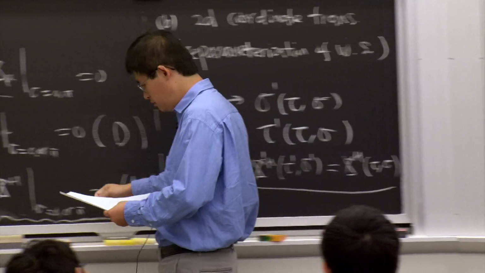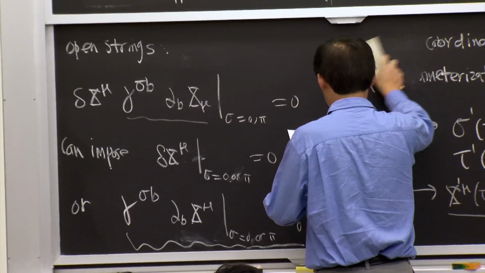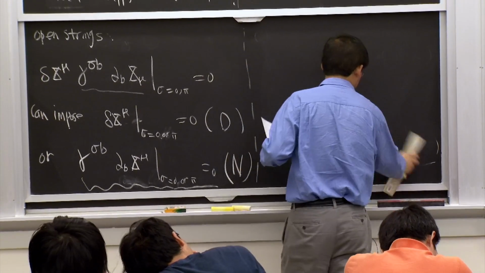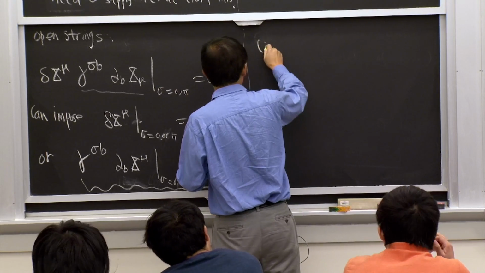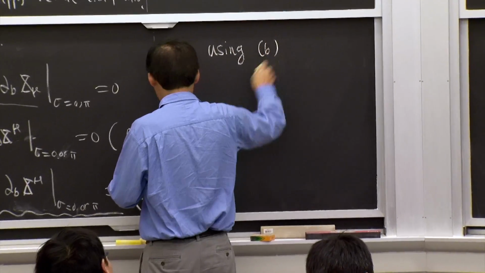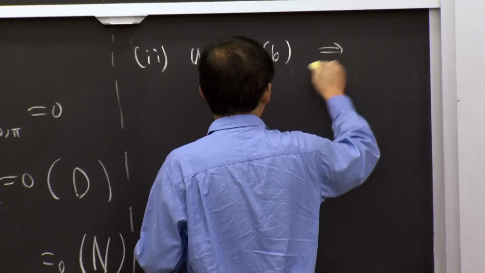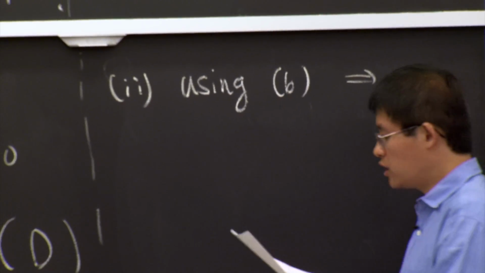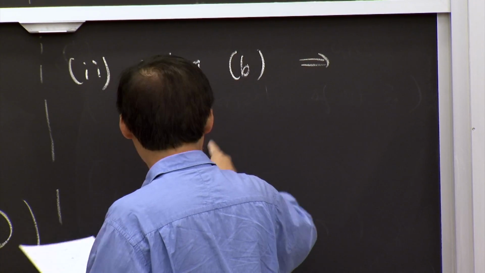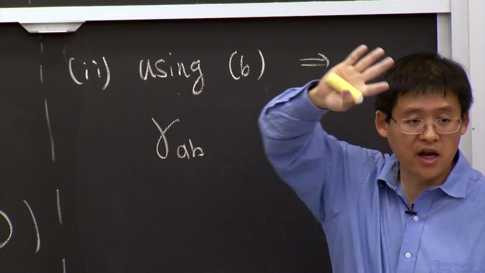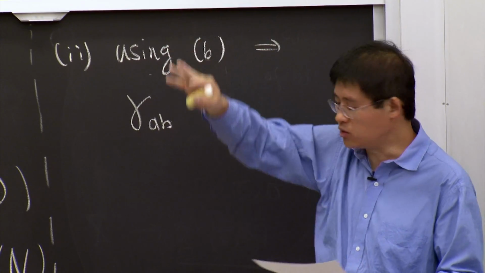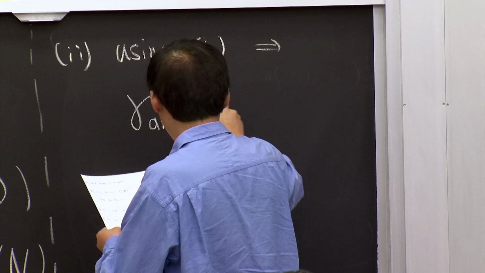So now let me erase this and do the second step. Gauge fixing. Using this diffeomorphism of B, which has 2 parameters, you can show that by making a coordinate transformation, you can take any gamma AB to the following form.